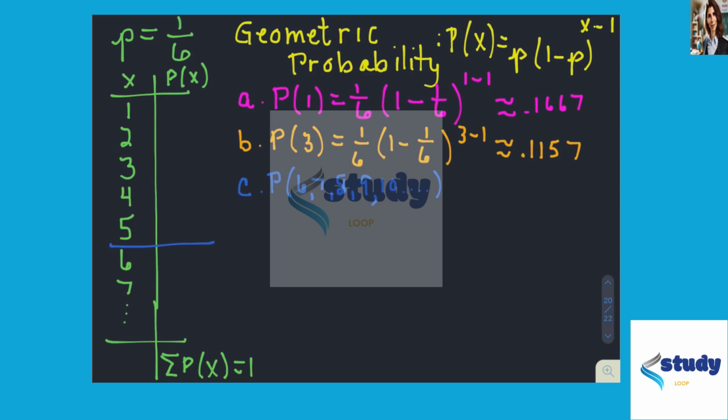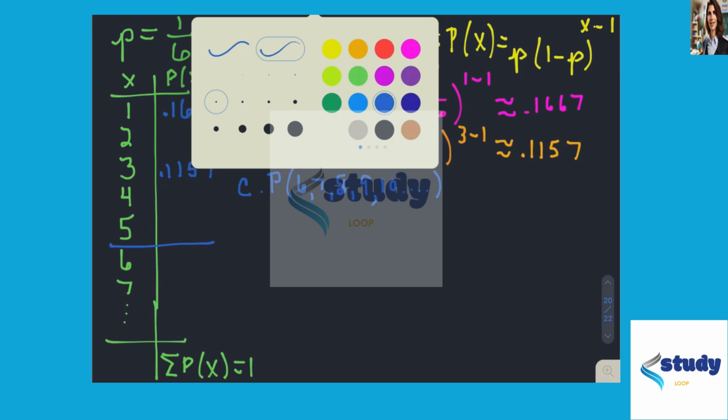Now, we already know the probability of winning on the first bottle is 0.1667. We also already know that the probability of winning on the third bottle is 0.1157. So we're going to take some time right now to fill in the probability of winning on the second, the fourth, and the fifth.